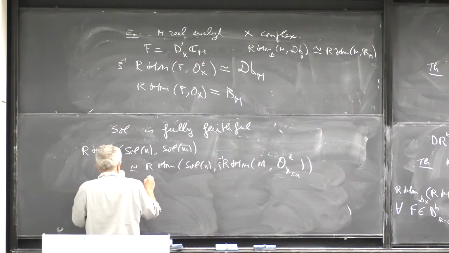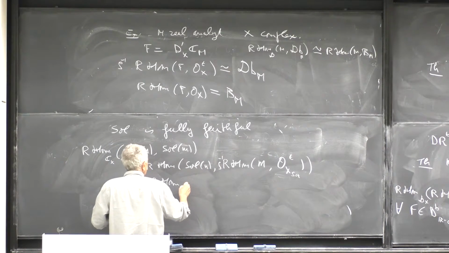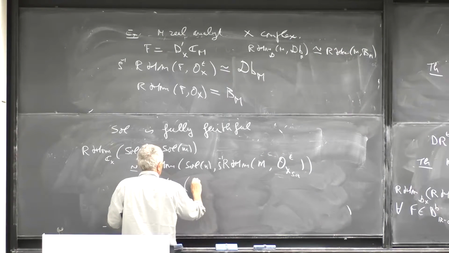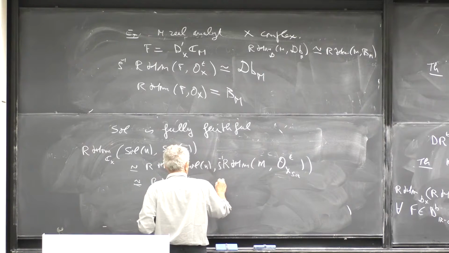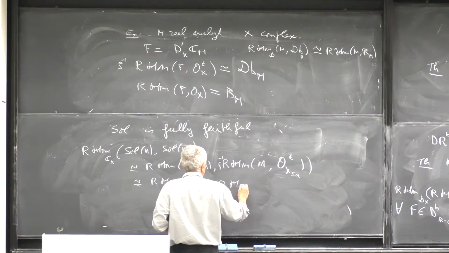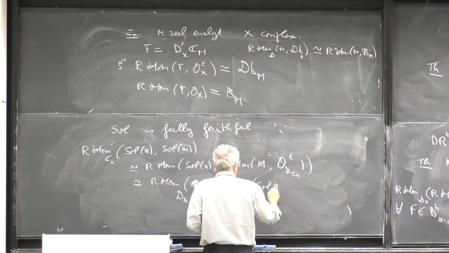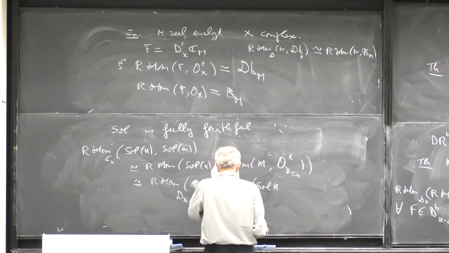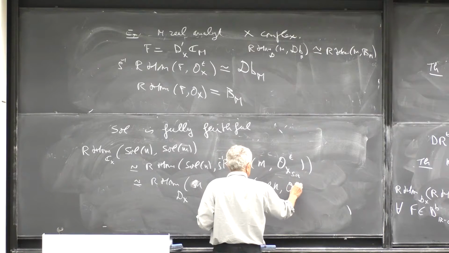So it's isomorphic to Rm. So I put m here, so m d Rm sol of n oxt.